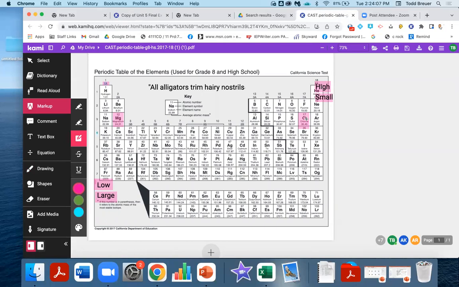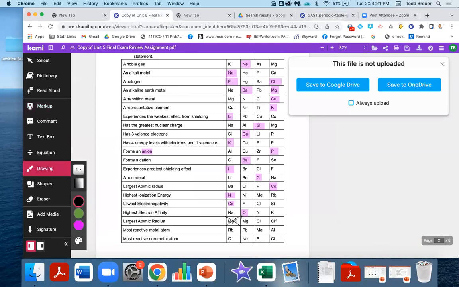Chlorine is going to have 3 rings, but 17 protons. So the attraction between the nucleus and the outer electrons is going to be much stronger because of the greater nuclear charge for chlorine. That's actually going to make magnesium our largest atomic radius.